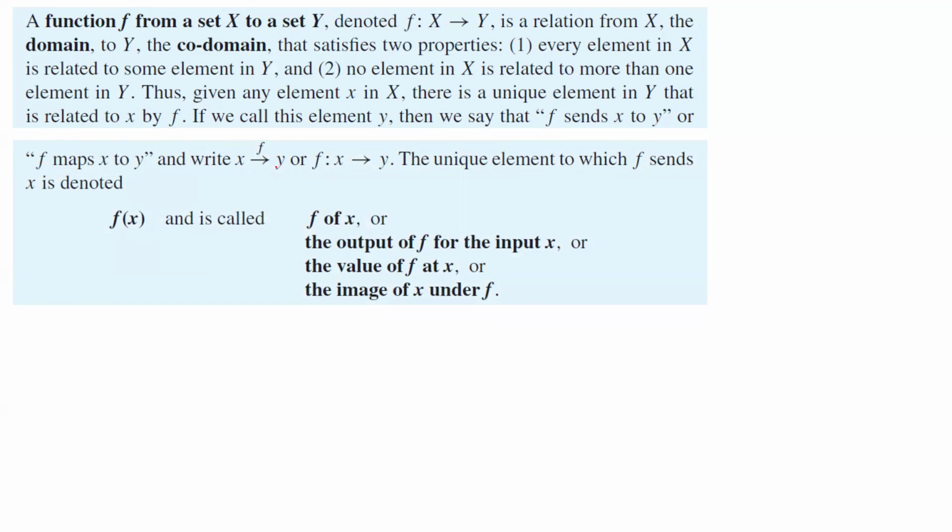You can also write it this way: x goes to y by f, or f maps x to y. The unique element to which f sends x is denoted by f of x. We have different methods of calling f of x: the output of f for input x, or the value of f at x, or the image of x under f.